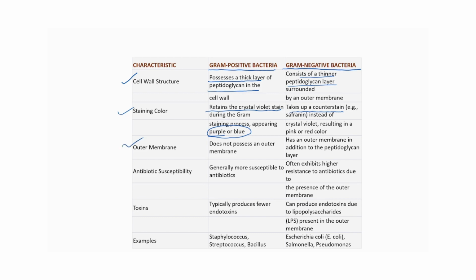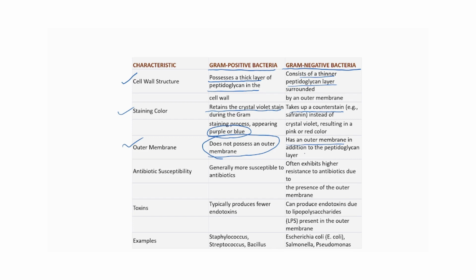The next one is outer membrane. Mostly the gram positive bacteria do not possess an outer membrane, which I told you in my previous lectures. Gram negative bacteria have an outer membrane.